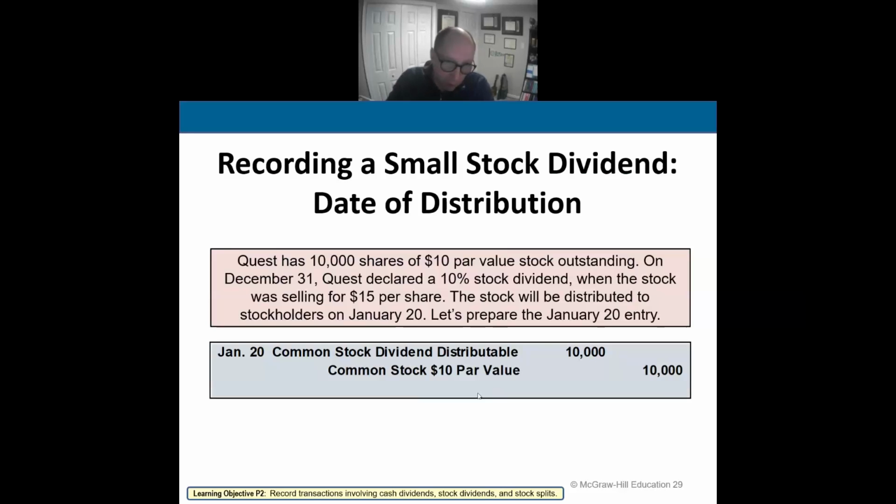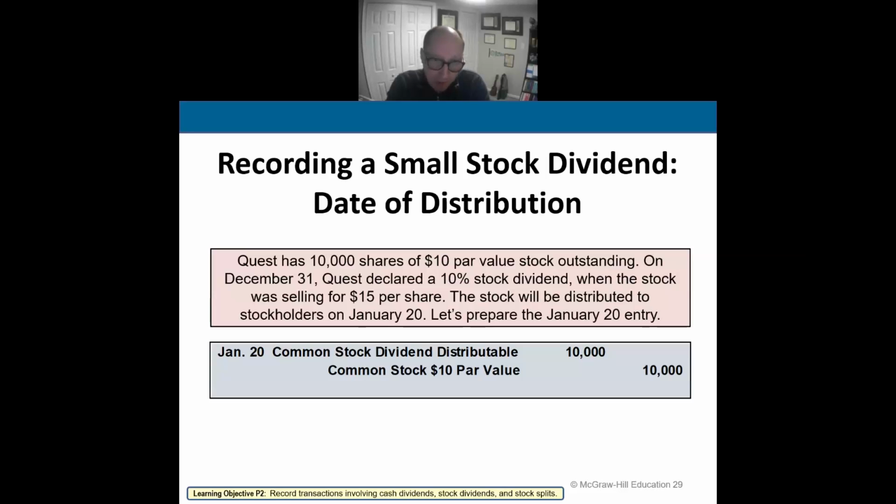And just as before, just like with the cash dividend, there's a couple dates. There's a date of declaration, and a date of distribution. So those dates come in handy, and we have to do pretty much the same type of recording that we did with the cash dividends.